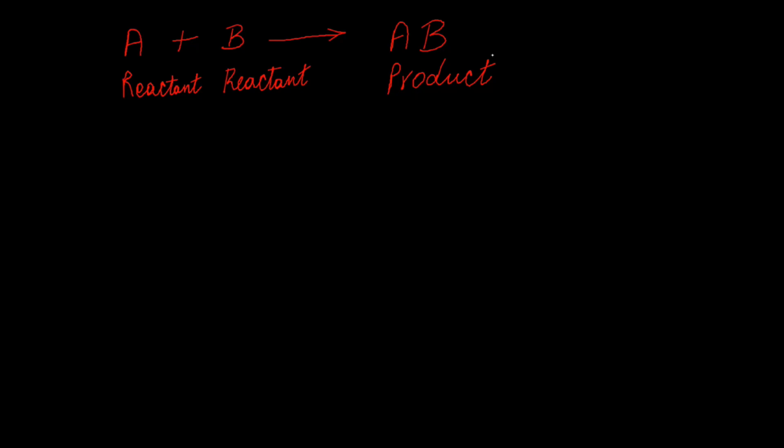Now, when you are writing equations, the number of atoms on the side of the reactants must be equal to the number of atoms on the side of the products. Then only we say the equation is balanced. Let's take an example.